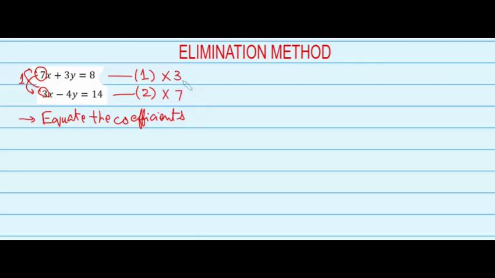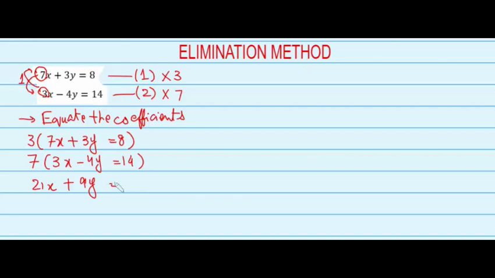So when you multiply it by 3, I can write it as 3 times 7x plus 3y equals 8. Similarly, the second equation will be 7 times 3x minus 4y equal to 14, right? So 3 times 7x gives you 21x, 3 times 3 gives you plus 9y, and 3 times 8 is 24.